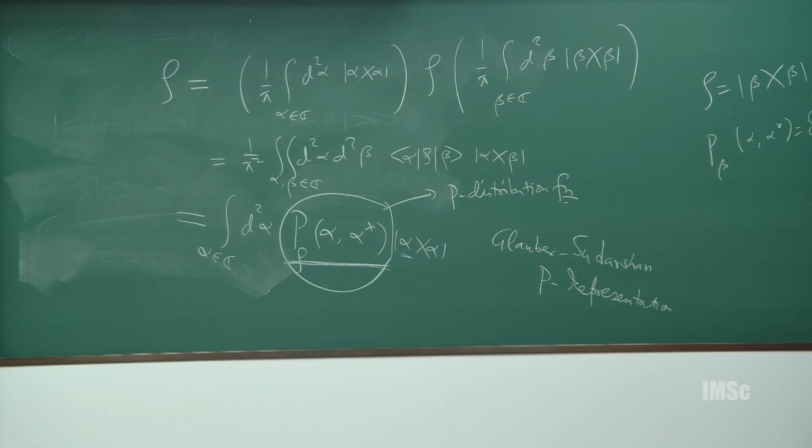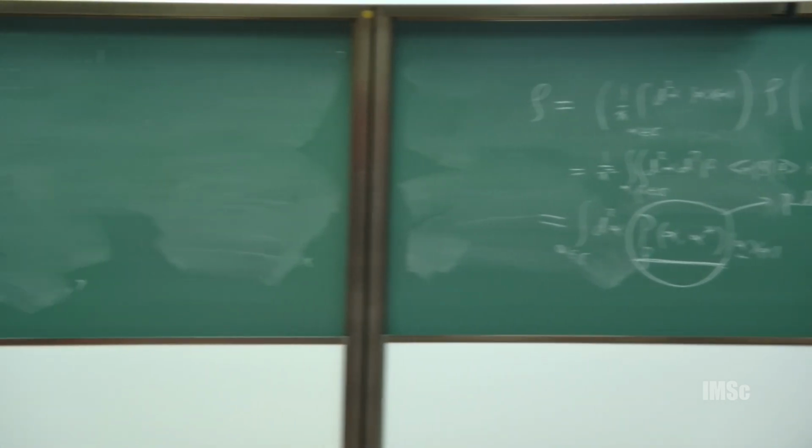There are other quasi probability distribution functions which are well behaved. One of them is called the Q function, or some people call it the Husimi Q function.